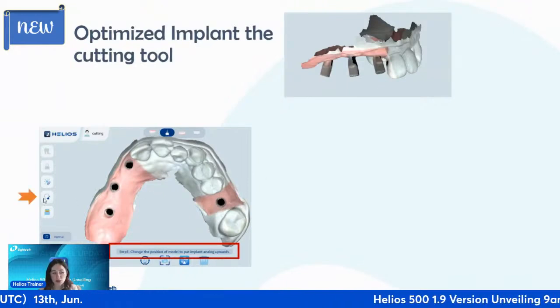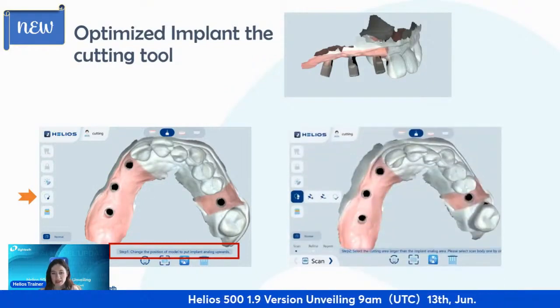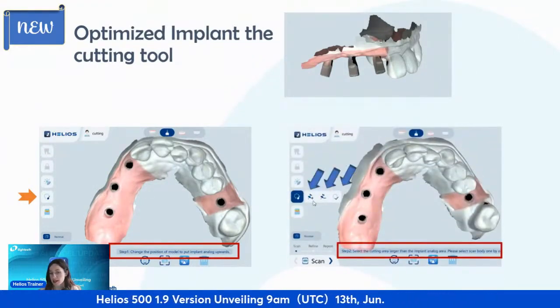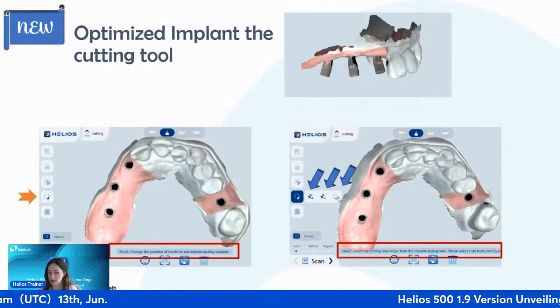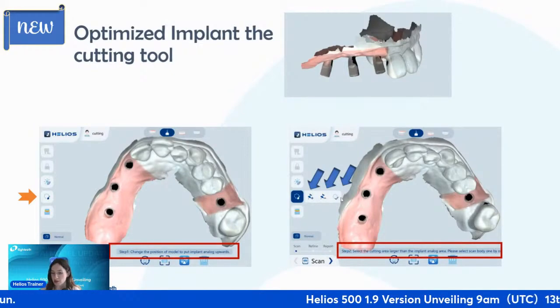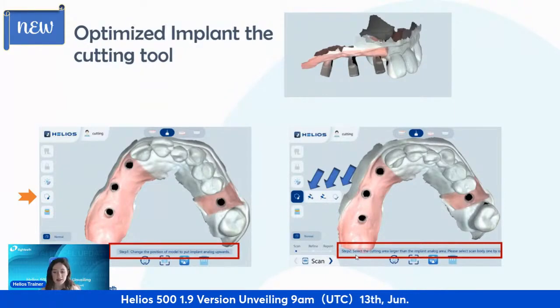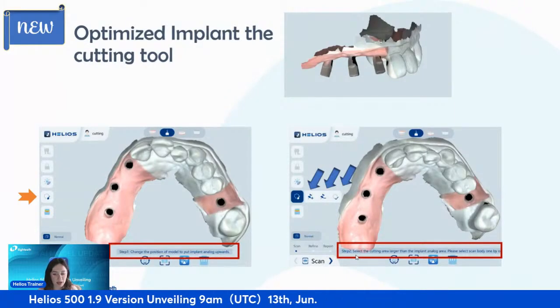And when you use our circle cut tool, it will pop up with adding, removing, and confirming tools. It is similar but different from before. And if you look at the second step, select the cutting area larger than the implant analog area.